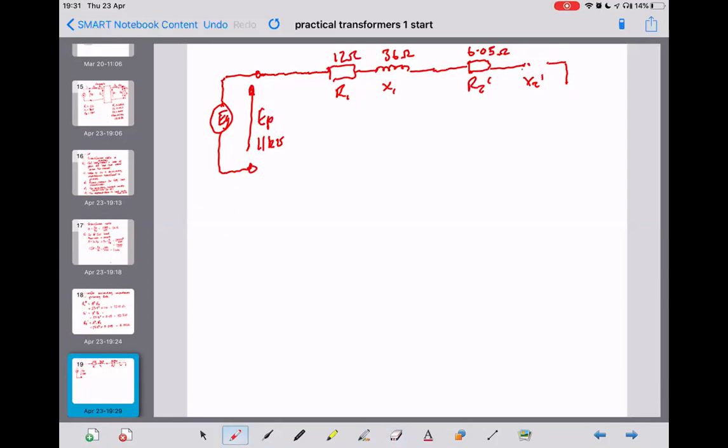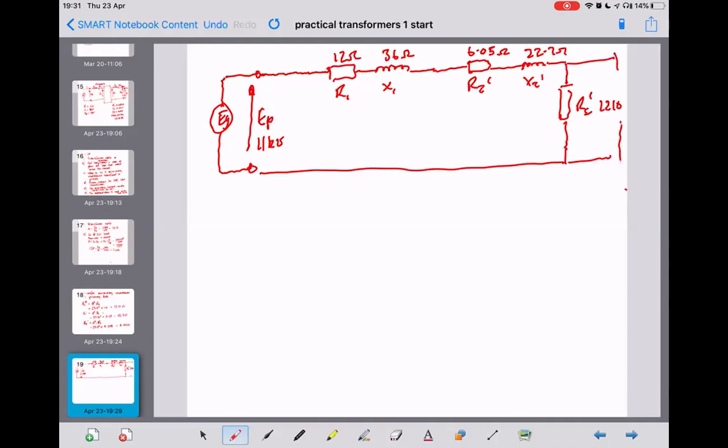Yeah, 22.7. And we've got RL dash, which is 1210.